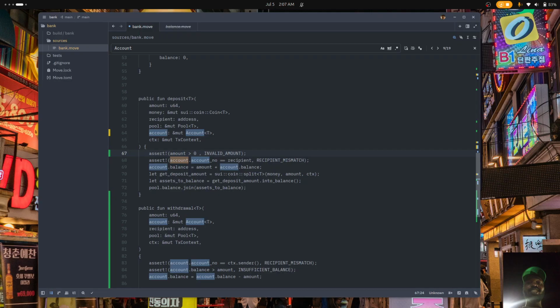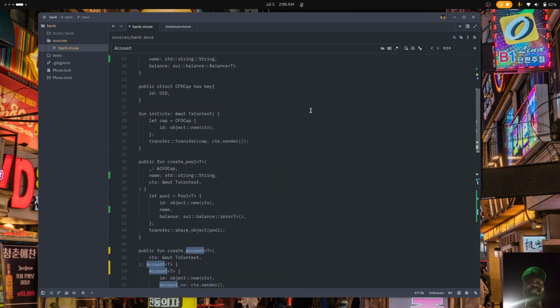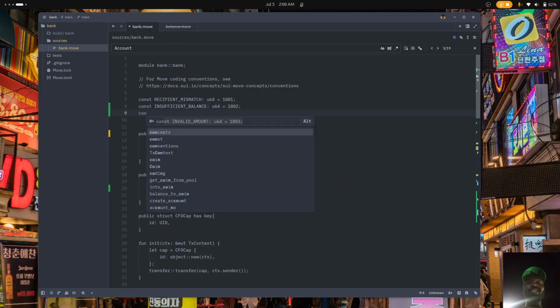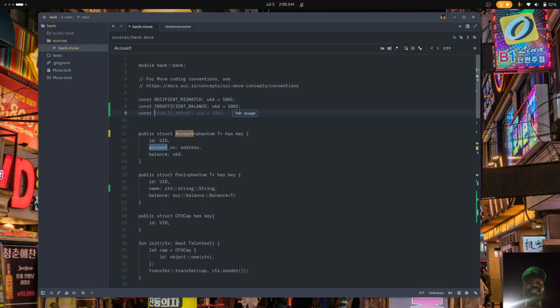0. Then the next thing I want to also check is the amount is greater than the service charge. Service charge, let's keep a constant service charge. Okay, service fee.